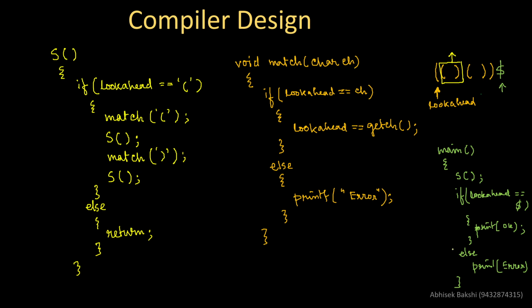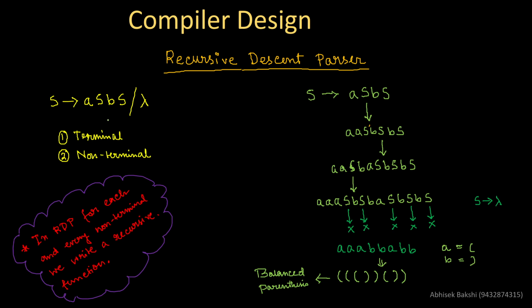So this is the whole scenario. This is almost the whole program that I have written for a recursive descent parser. Your program will start from this main function, it will start exploring this S, and recursively it will find out whether the particular string is correct or not.